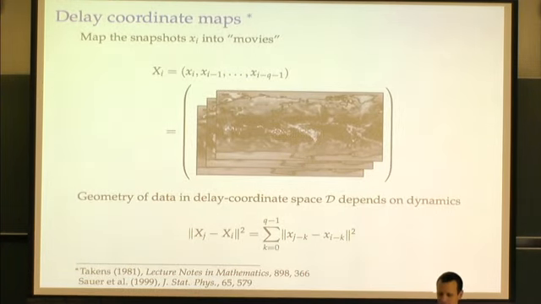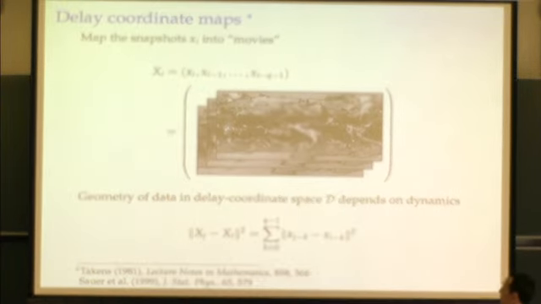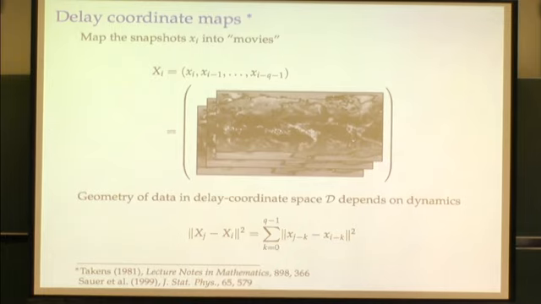There are many ways, obviously, of modifying this procedure to incorporate dynamical information, but a classical way of doing that dates back to works of Takens and Sauer et al., which propose the so-called delay coordinate procedure.